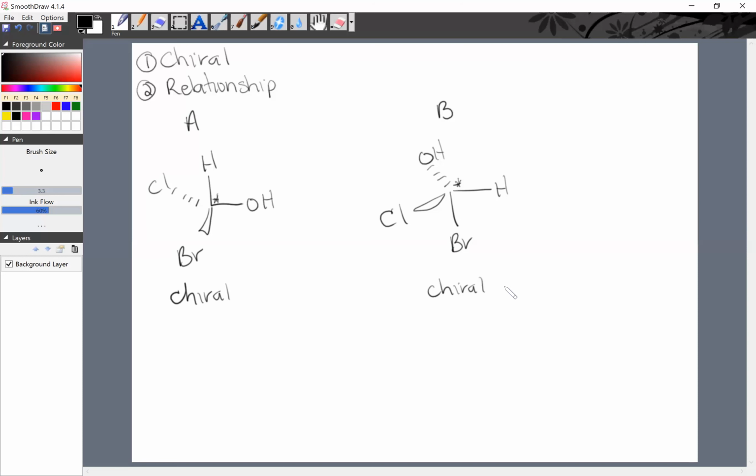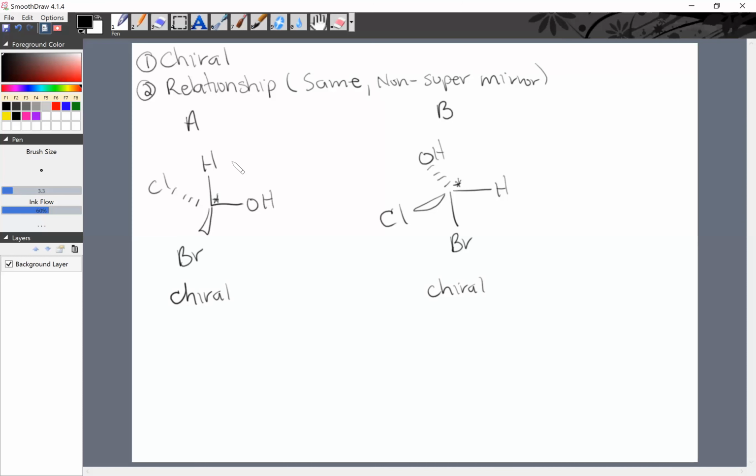All right, question number 1 done. But I want to know the relationship. Okay, did I draw the same thing twice, or did I draw a non-superimposable mirror image? That's the question that I'm asking. And I'm going to use rotations to determine that.